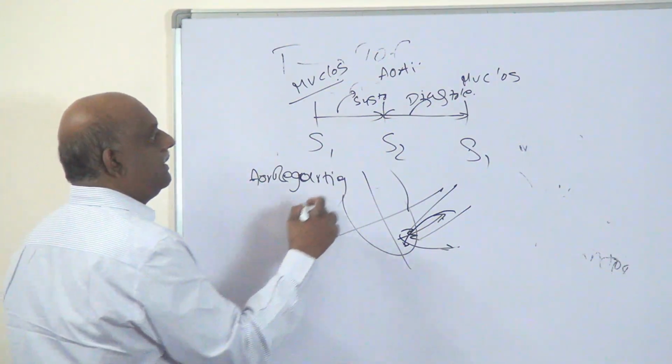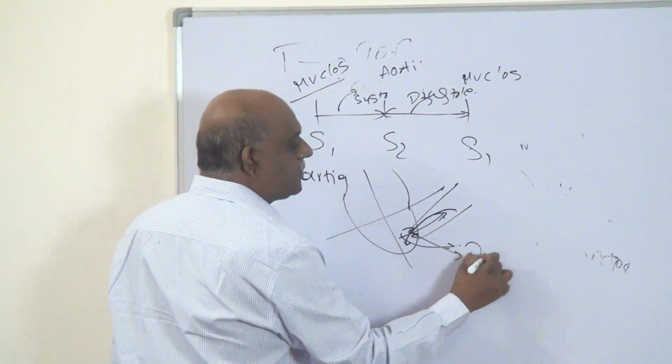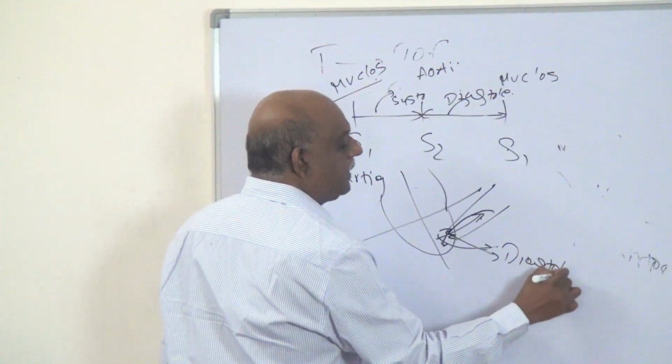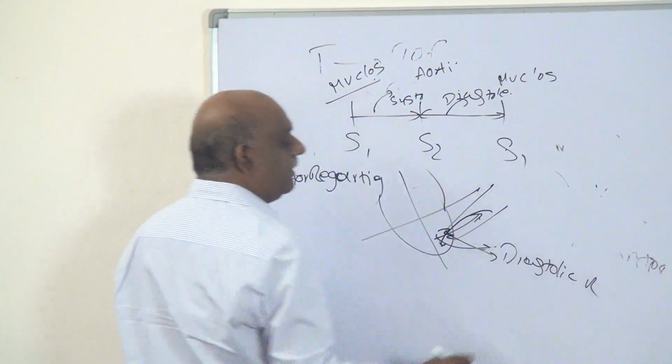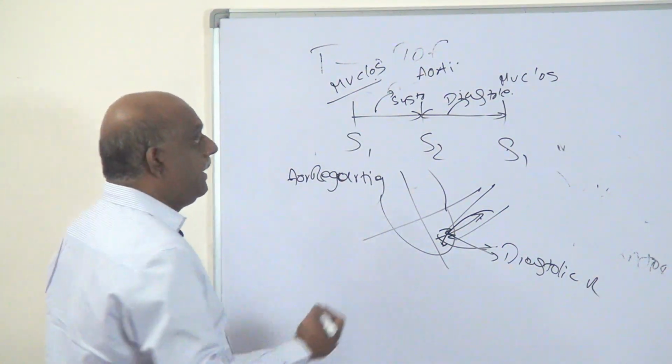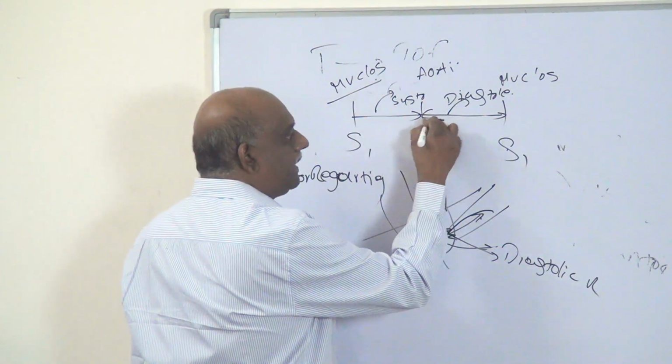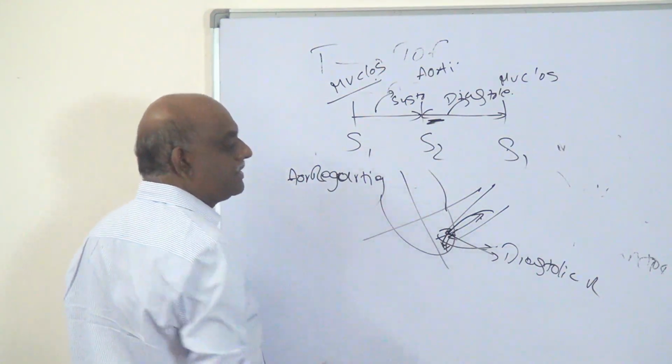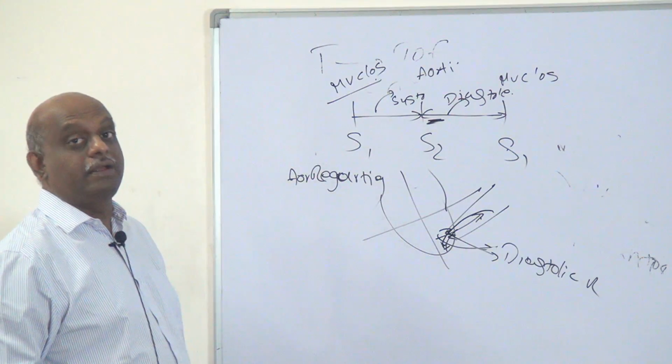So that is the reason it is a diastolic sound, is what you need to remember. In which part of the diastole do you listen to the aortic regurgitation murmur? Early part of the diastole you listen to this aortic regurgitation murmur.